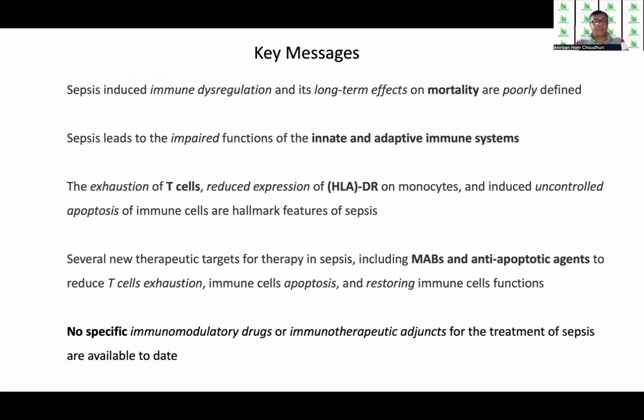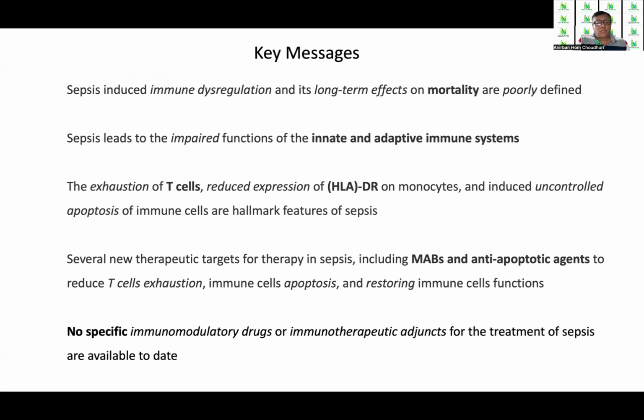Furthermore, several new therapeutic agents for sepsis, including MABs and anti-apoptotic agents to reduce T cell exhaustion, immune cell apoptosis, etc., have been used with variable success, but key benefits are still not clear.